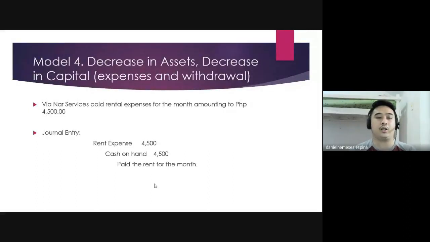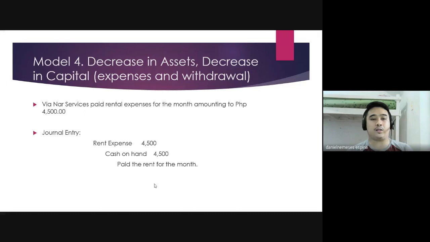So naa siya sa debit side. So nag-increase man ni itong rent expense. So you debit rent expense, 4,500. Pero nag-credit ka og cash, also 4,500. So nganong nag-credit ka og cash? Because you pay the rent using the cash of the business. So mokunhod ang cash. Then, as to explanation, paid the rent for the month.